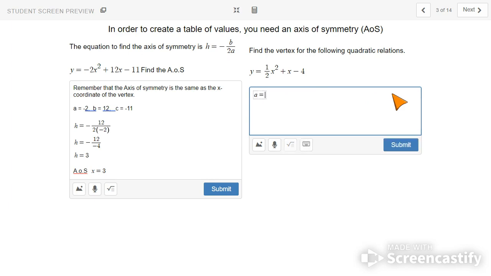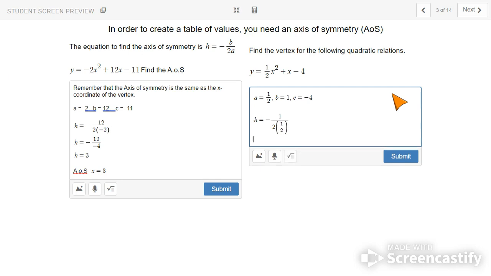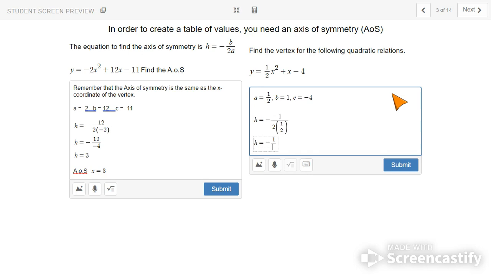So I'm going to identify a is equal to half, b is equal to 1, and c is equal to negative 4. So my axis of symmetry, h is equal to negative b over 2 times a. Let's simplify. h is equal to negative 1 over 1, and that simplifies to negative 1.